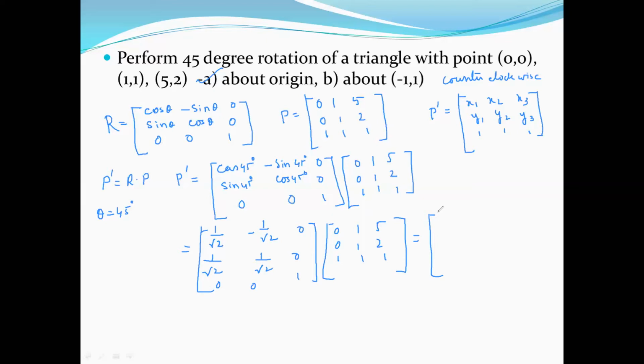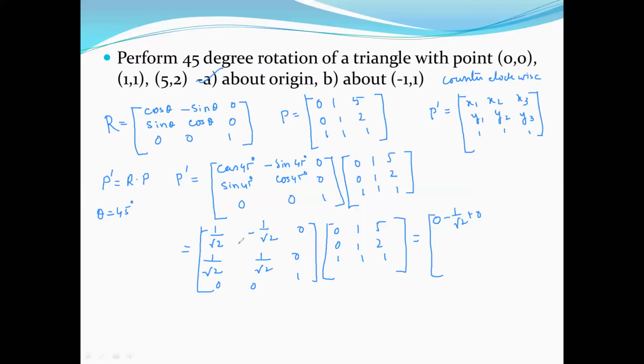So 1 by root 2 multiplied with 0, minus 1 by root 2 multiplied with 0, and 0 multiplied with 1 gives 0.